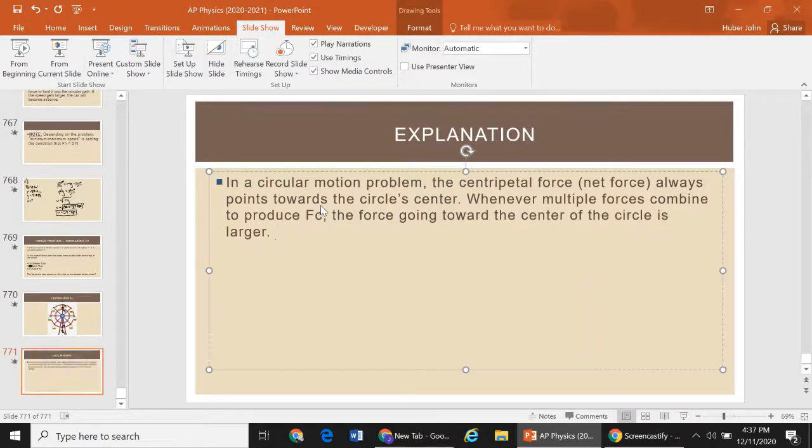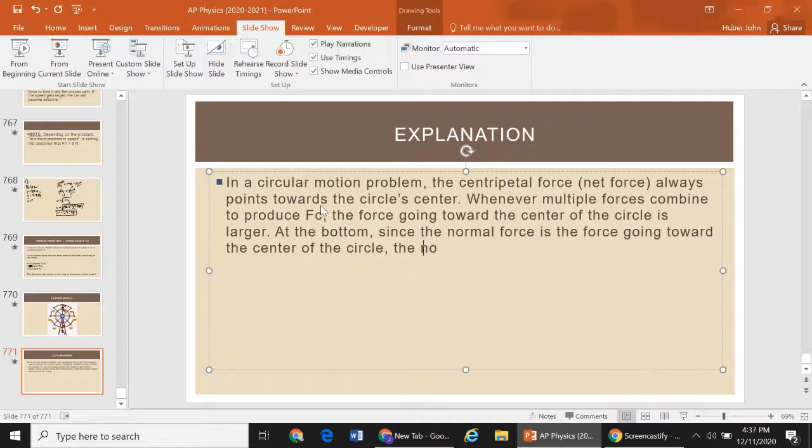And so the basic idea here is at the bottom, since the normal force is the force going toward the center of the circle, the normal force is larger than the weight.